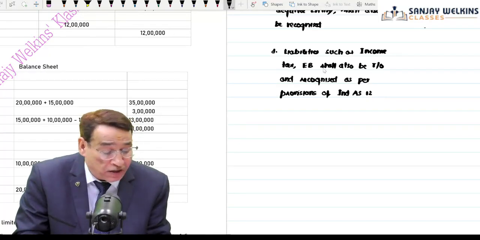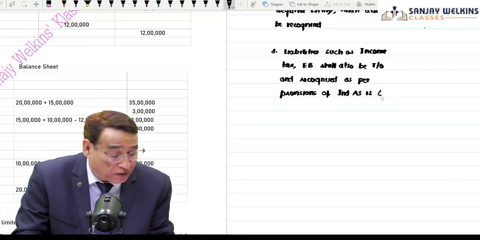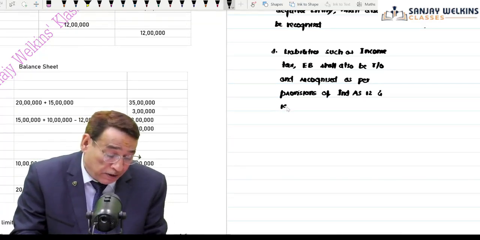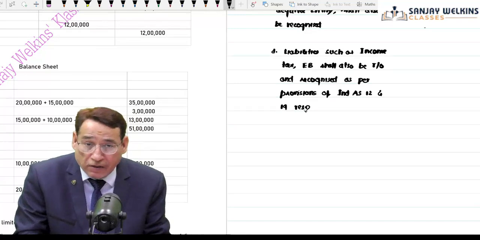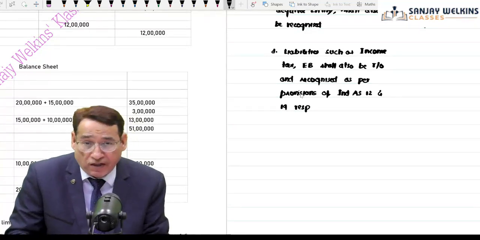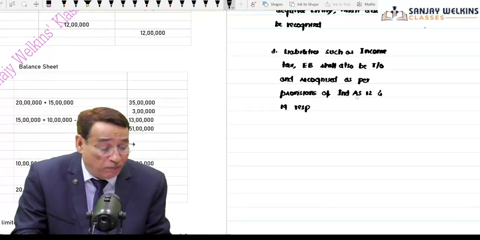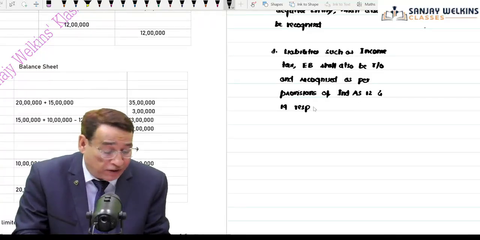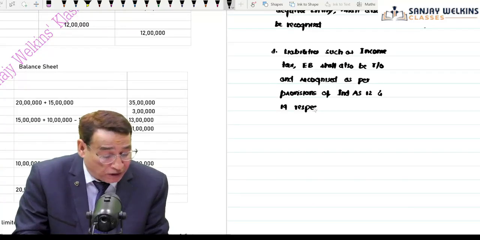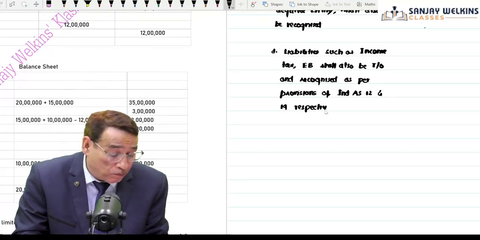Actually, Ind AS 12 deals with income taxes, and Ind AS 19 respectively. So if your acquiring entity has some income tax liability or employee benefits, even such liability you are going to take over, but you are going to recognize them as per the provisions of Ind AS 12 and Ind AS 19 respectively. Correct?